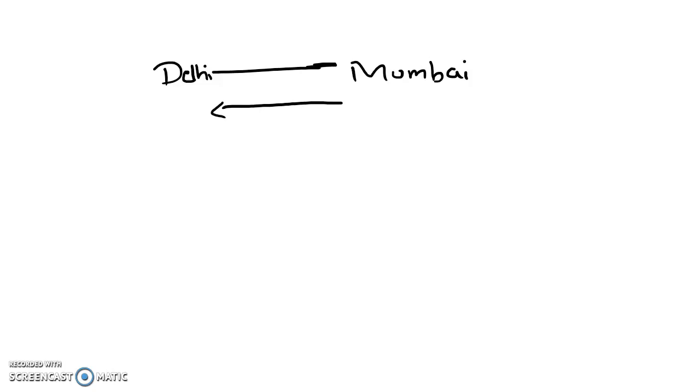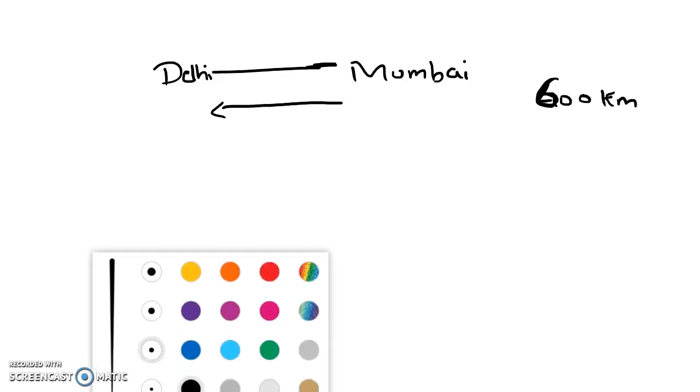The distance you can take as 400 kilometers. You are saying in the last question I took 600, so take it as 600, no problem. And I ask you, what is your average speed?